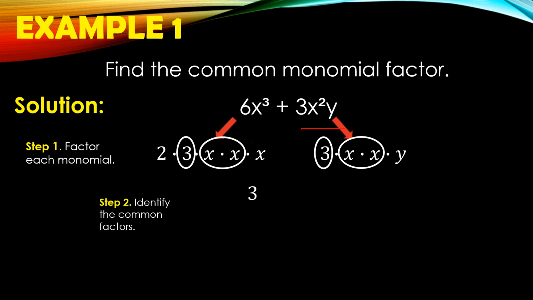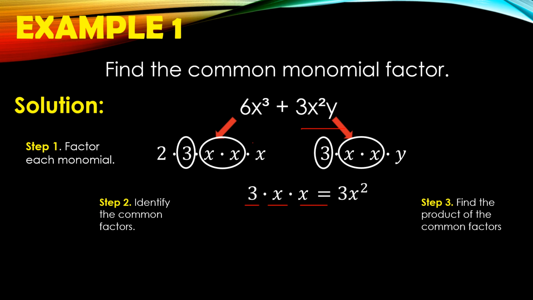So the common factors are 3 times x times x. Step 3, find the product of the common factors. You multiply 3, x, and another x, which will give us 3x squared. So the greatest common factor, or the greatest common monomial factor, is equal to 3x squared.